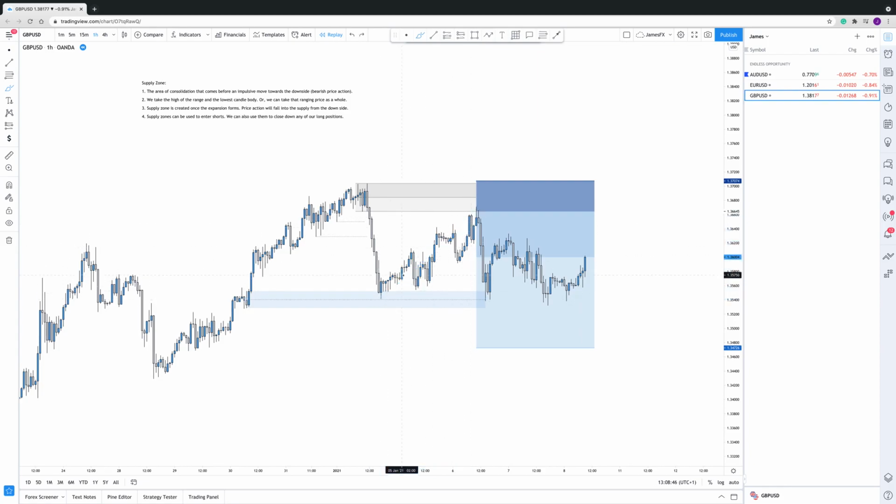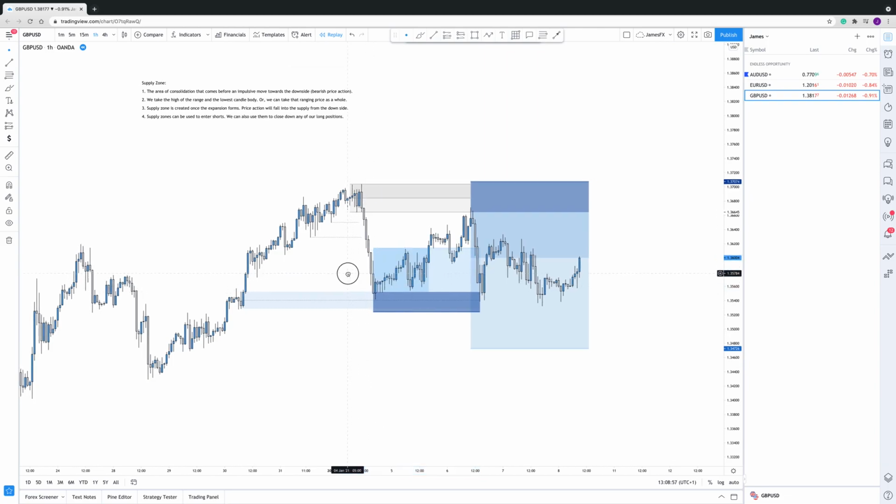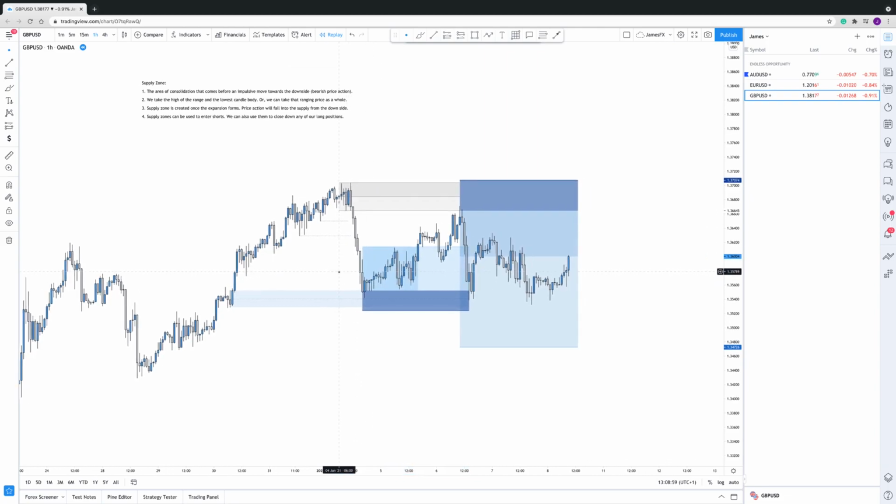So if we was looking for a long here, let's just say we're looking to get in long here. Obviously, I'm not going down on lower time frames. I'm just showing you the concepts of supply and demand. So our stop loss would be just below, and we enter at the top. Now that we know we have this supply up here, we can target it as it says here.